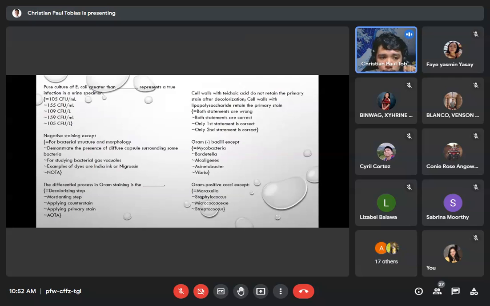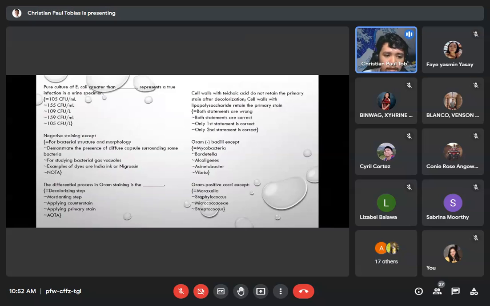You can't see the structures. You can't see DNA, you can't see plasmids in the bacteria, because negative staining stains the background instead of the bacteria itself. So it shows morphology, the shape of the bacteria. That's why it's used for treponemes, the spirilla, those spiral-shaped bacteria. Negative staining is also used for gas vacuoles. Examples of dyes would be India ink or nigrosin.